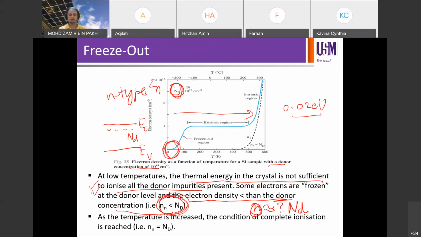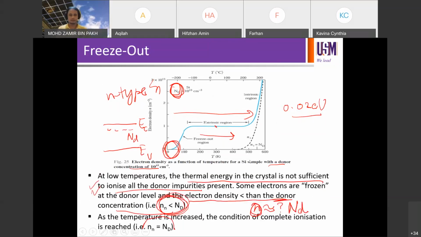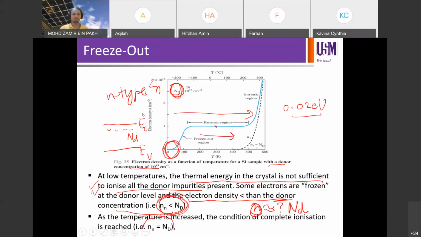Therefore, the goal is achieved, and the goal is to get N approximately equal to ND. So now we can assume complete ionization. Say you are here at room temperature, maybe. We're going to see later on, don't worry yet. As the temperature is further increased, going further and further to the right, the electron concentration remains essentially the same over a wide temperature region, which is here.